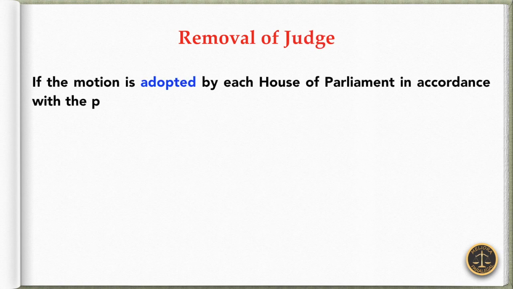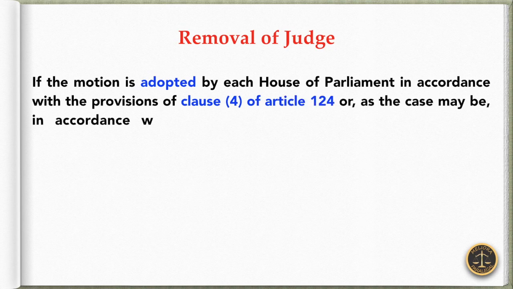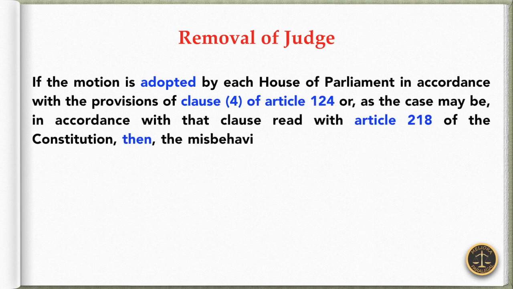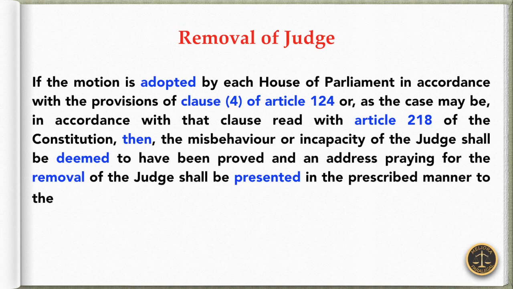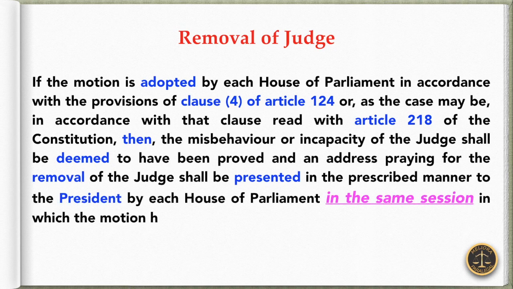Last but not the least, that is removal of the judge. If the motion is adopted by each House of Parliament in accordance with the provisions of Clause 4 of Article 124 of the Indian Constitution, or as the case may be in accordance with that clause, read with Article 218 of the Constitution, that is regarding a High Court's judge, then the misbehavior or incapacity of the judge shall be deemed to have been proved, and an address praying for the removal of the judge shall be presented in the prescribed manner to the President by each House of Parliament in the same session.